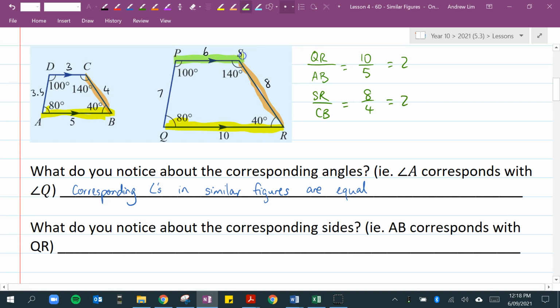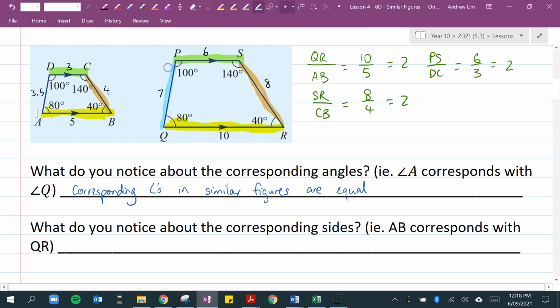What if we take this one, the longer one, and divide it by its shorter corresponding side? PS over DC, that's 6 over 3, and 6 divided by 3 is also 2.